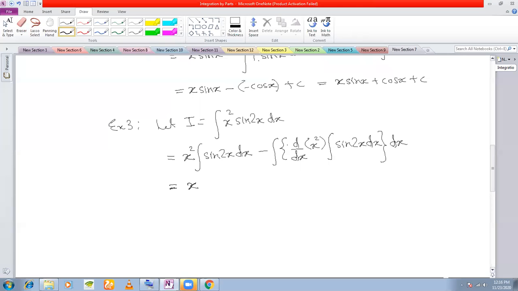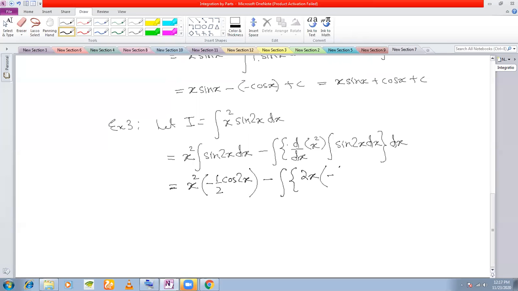Okay. So first function x square, and integral of sine 2x, you know, is minus half cos 2x, or minus cos 2x by 2, right? Minus integral. Now d/dx of x square is what? 2x, and integral sine 2x is again minus half cos 2x.